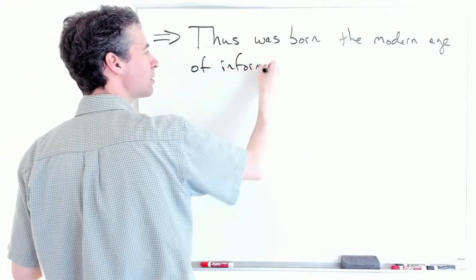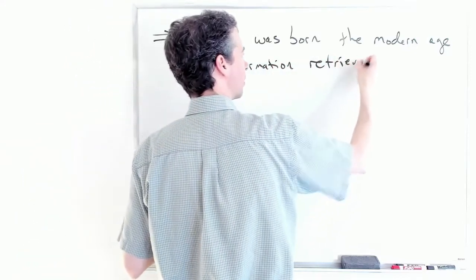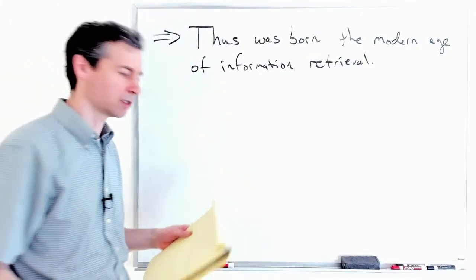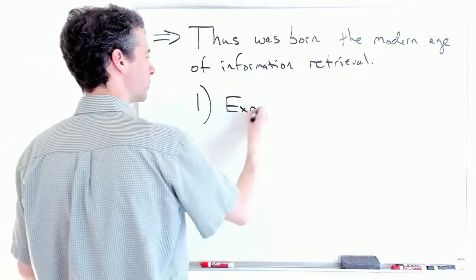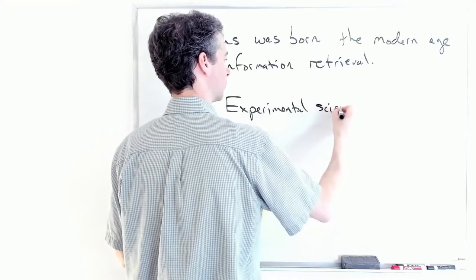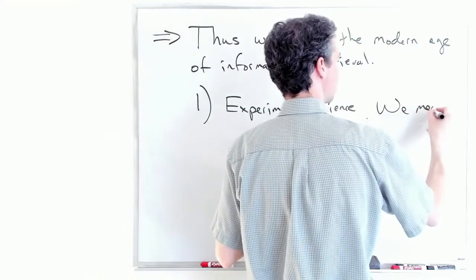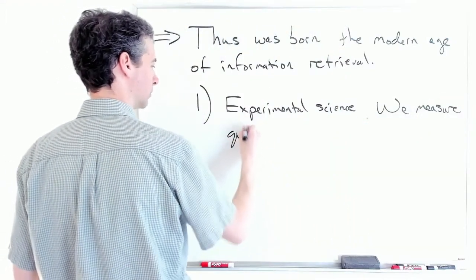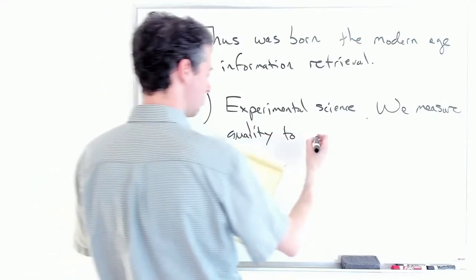And what was it that really did it? What got us out of the dark age of arguing about what's better was that Cleverdon brought experimental science, where we measure the quality of the search system to know what works better.